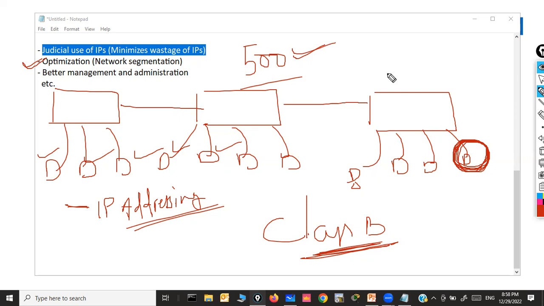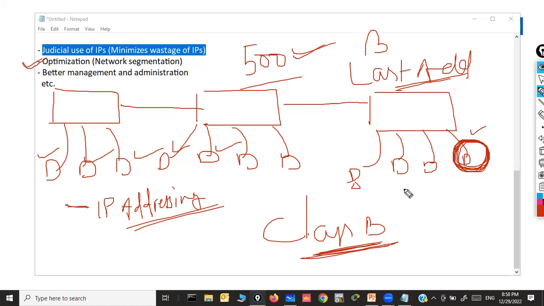For now, you can understand that in a network, a lot of messages are sent as broadcast messages. Broadcast message means not any specific destination, but the last address of that network. So what will happen?